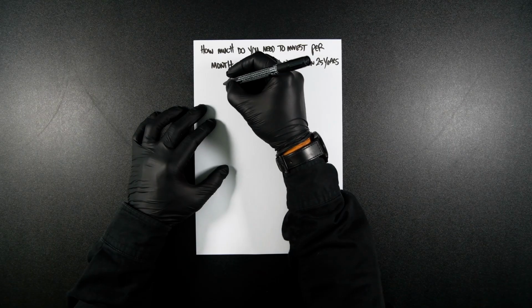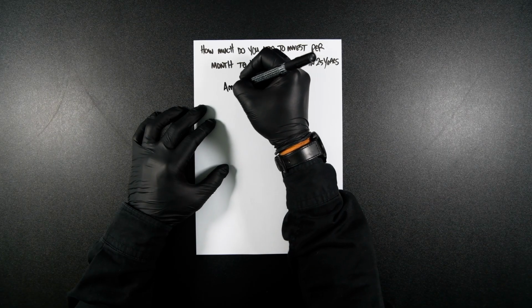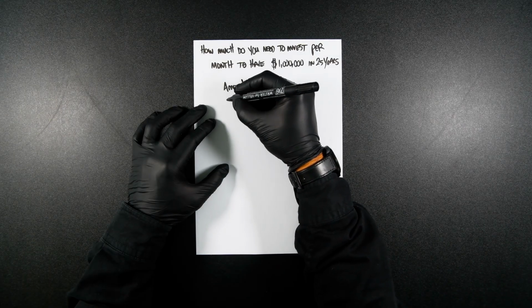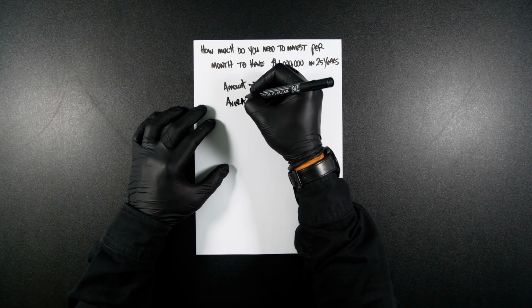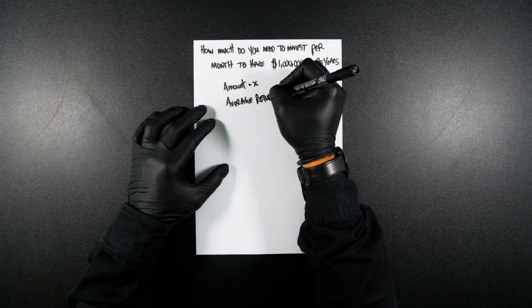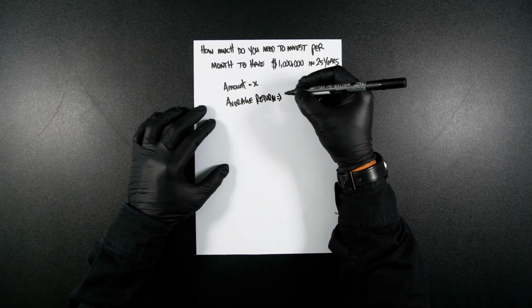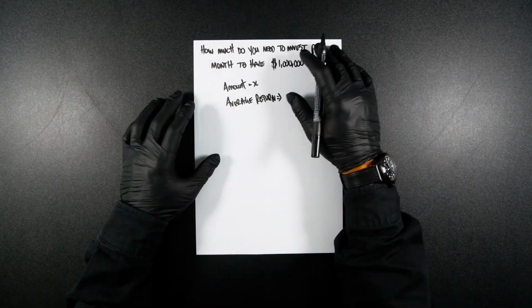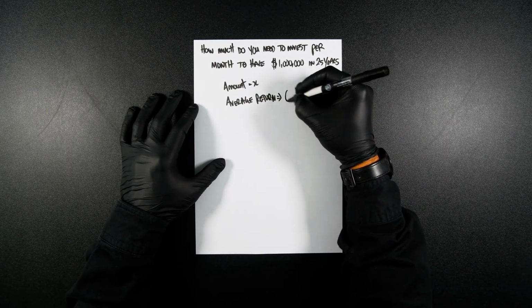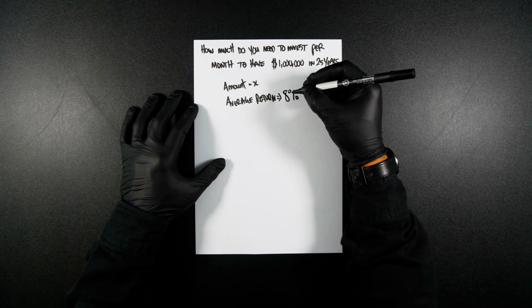Firstly, let's think of the amount as X. We want to get an average return, and based on the average return of a British ETF, which is an exchange traded fund taking the average of 100, 200 companies in whatever sector and tracking them, is going to be 8%.